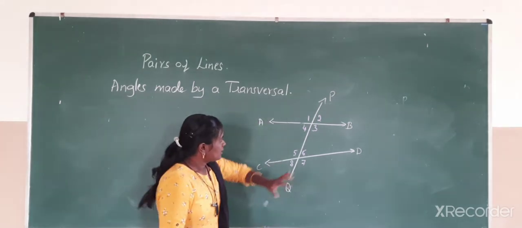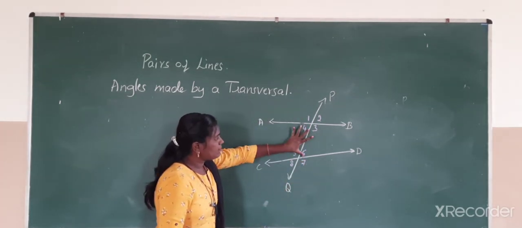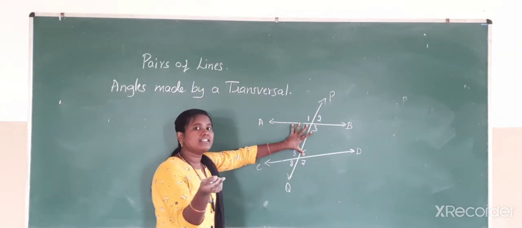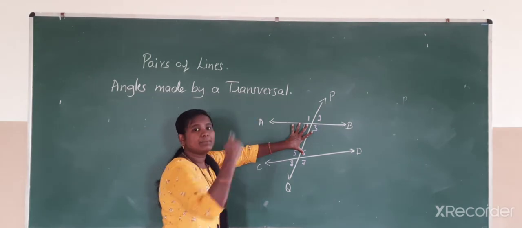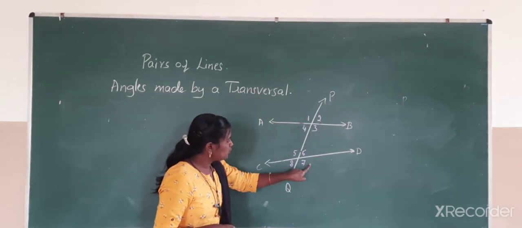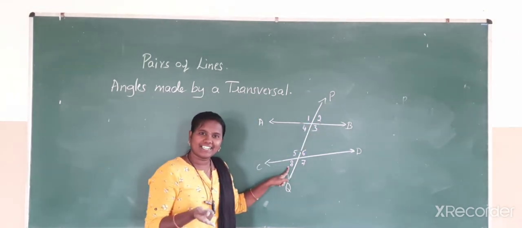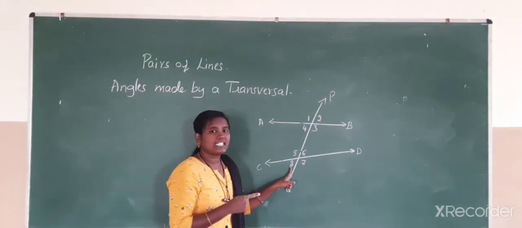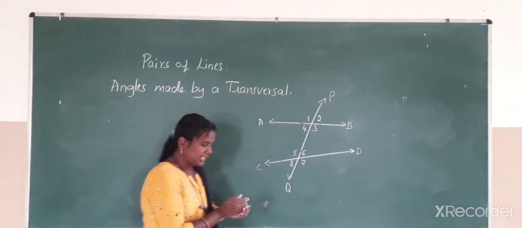Outside. So AB and CD are the pair of lines. Therefore, which are the angles? Those are outside the pair of lines. 1, 2, 7 and 8. Right? 1, 2, 7 and 8 are the exterior angles. Also one more definition we can give.